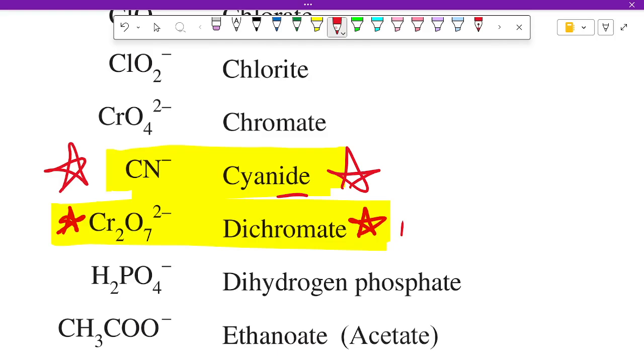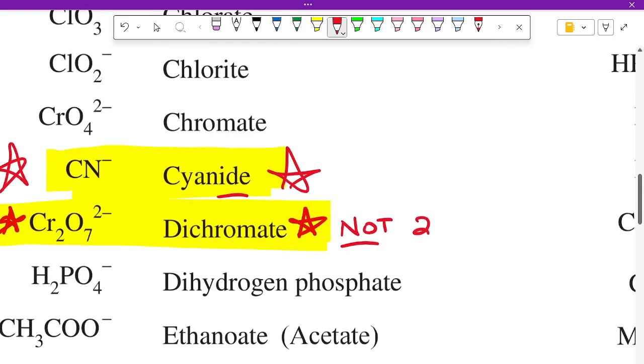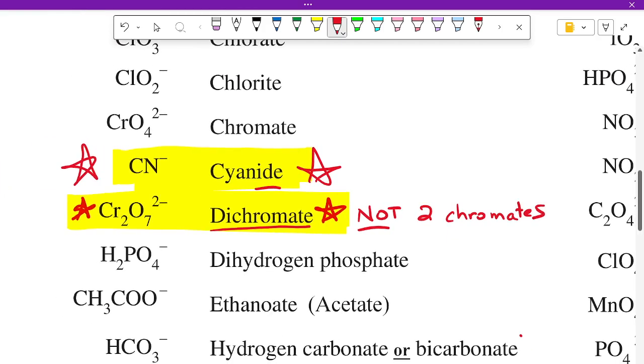So you might want to write not 2 chromates. Dichromate is not two chromates. So those are the tricky ones.